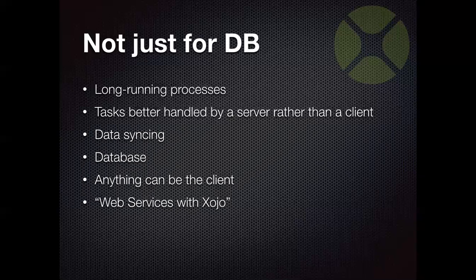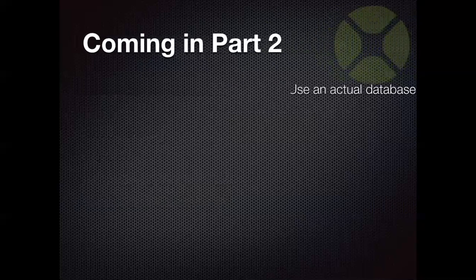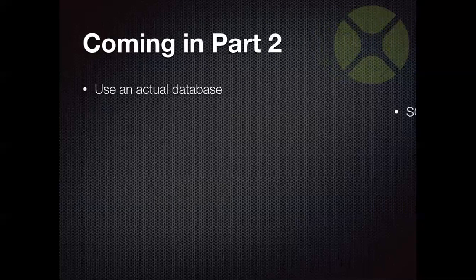So it won't even necessarily be a real database server, but it could be if you wanted it to be. So yes, in part 2, we'll use an actual database, probably SQLite, and we'll have some examples that let you get and update data on the SQLite database that is sitting on the server from an iOS client and from a desktop client as well.